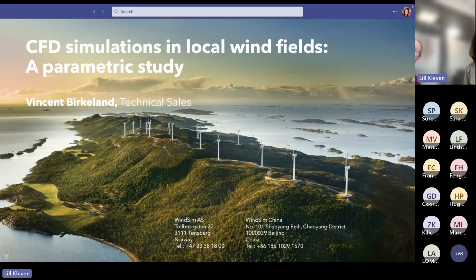Because this is mesomicroscale coupling, the quality of the mesoscale model does obviously have an impact on the quality of the results. Most of our experience is actually using WRF data from an external vendor, and we have got some good results using that.